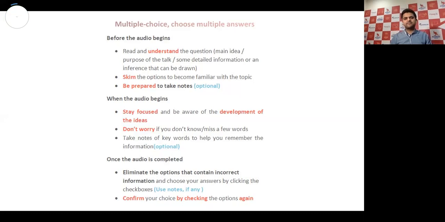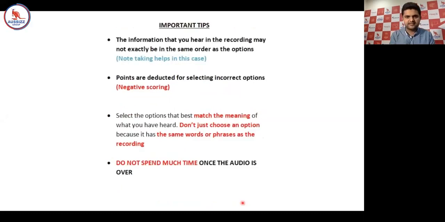Now, there are certain important things that you need to remember for this particular task, and that is that the information that you will hear in the recording will not be exactly in the same order as the options. That means you might have heard a piece of information in the first part of the recording, but the option related to that could be the last option or the last but second option.